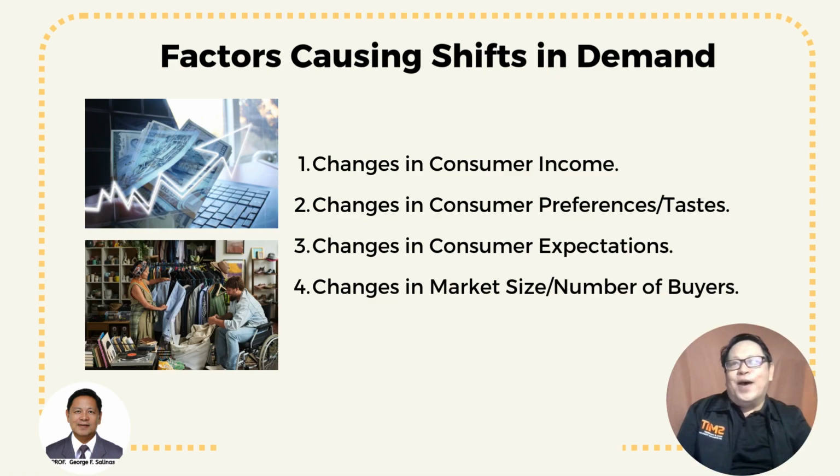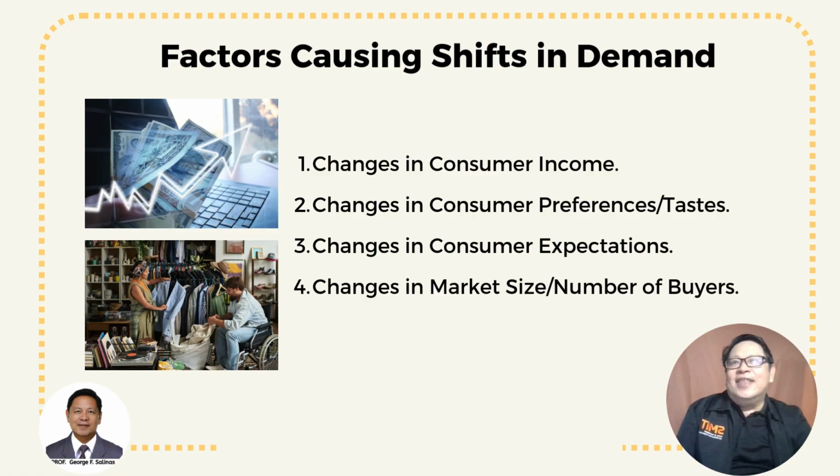So let's talk about the factors that cause the entire demand curve to shift. An increase or decrease in demand includes the following factors. First, changes in consumer income. Generally, as income rises, demand for normal goods increases while the demand for inferior goods decreases.